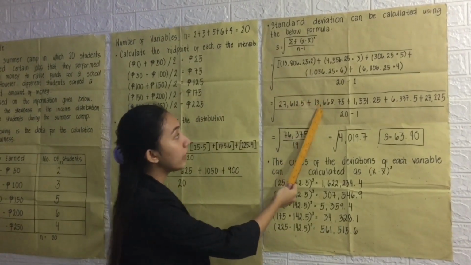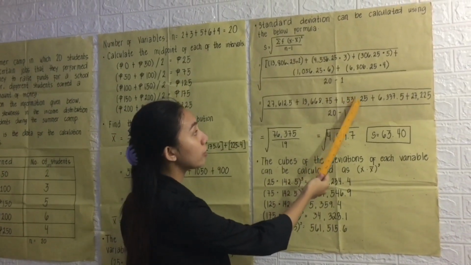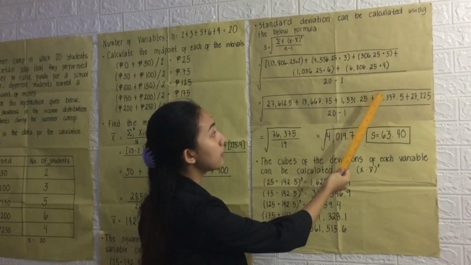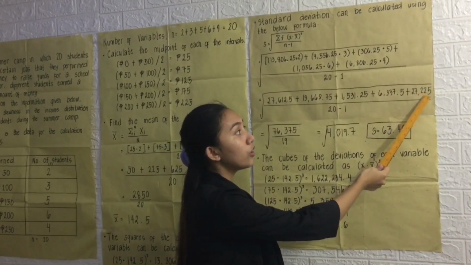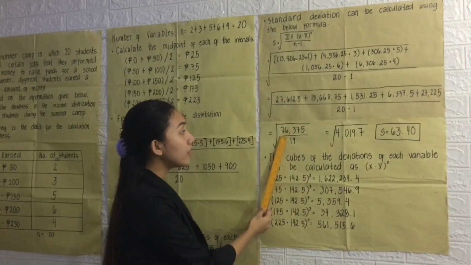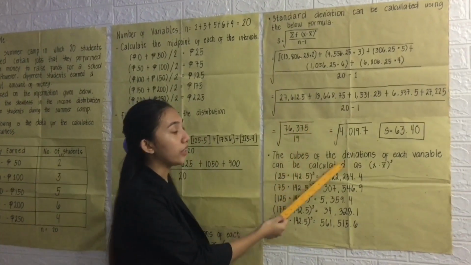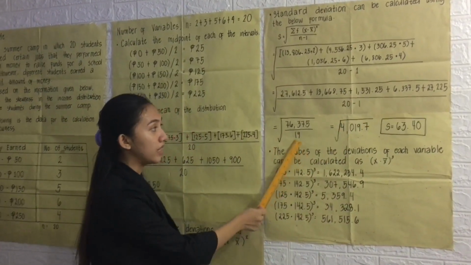So we have 27,612.5 plus 13,668.75 plus 1,531.25 plus 6,337.5 plus 27,225 is equal to 76,375, and 20 minus 1 is equal to 19.